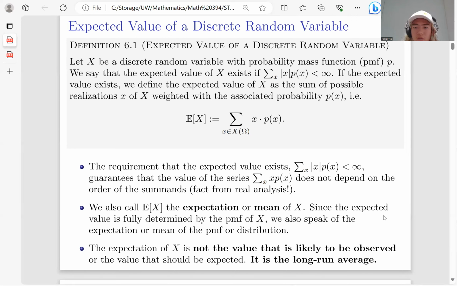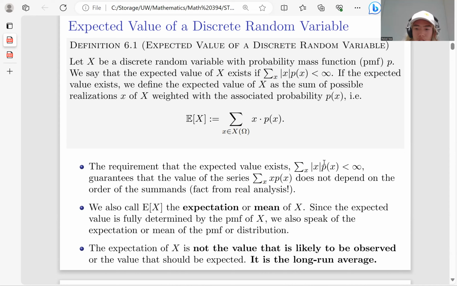First, we need to check whether it exists, because if the sum over all of the cases x of the probability that x happens times the absolute value of x is infinite, then we are not able to calculate it, because as long as one term is infinite and we sum them up, we cannot know the exact value.